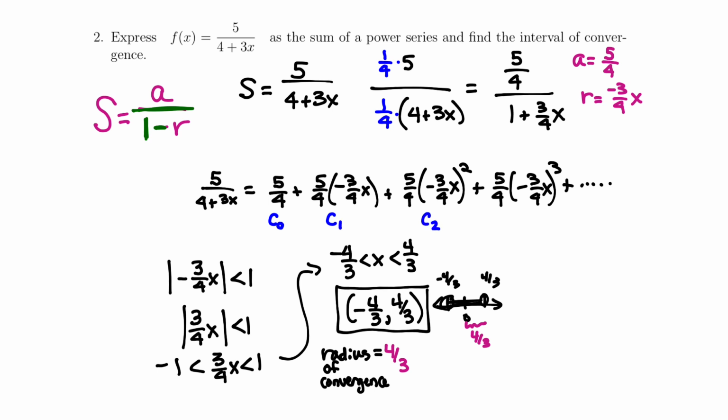The 2nd? The 3rd? So on your homework, you are just going to put the coefficient pieces, right? So the coefficient piece for the power of x squared is actually 5/4 times -3/4 squared.